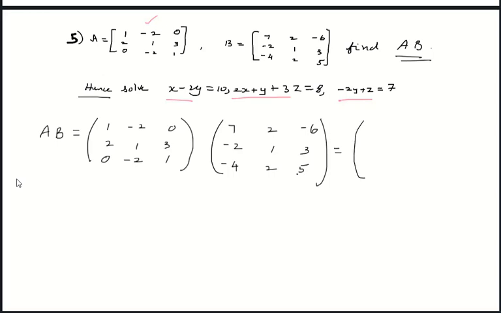Let me multiply. If I multiply AB, I get 11, 0, 0, 0, 11, 0, 0, 0, 11. So that is the AB matrix. AB is equal to 11 into the I matrix.